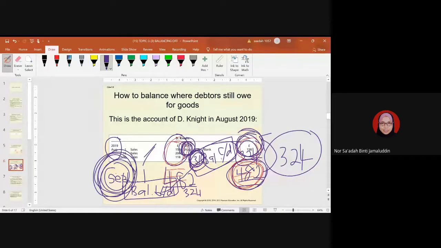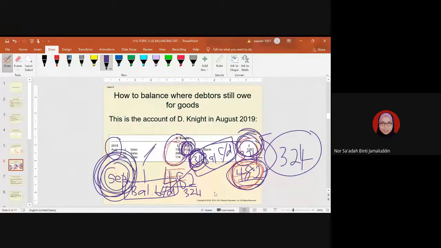Right? So what is the function of the balance carried down and balance brought down? The function is, okay, this is the second or maybe the third process of our accounting cycle. This is recording all the transactions into the journal and then posting to the ledger and then balancing off.